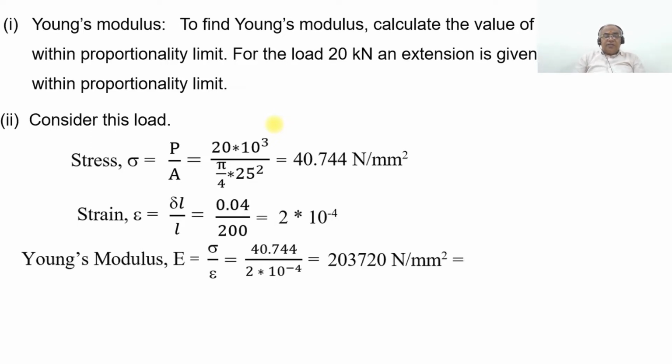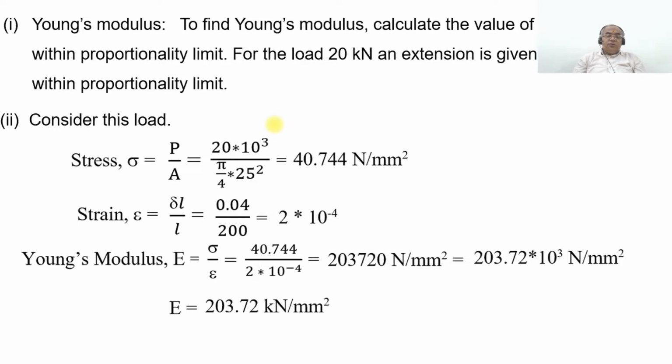On simplification, you are going to get 203.720 Newton per mm square, or 203.72 kilonewton per mm square, or it can be expressed as 203.72 into 10 to the power of 3 Newton per mm square. Thus the Young's modulus has this value.